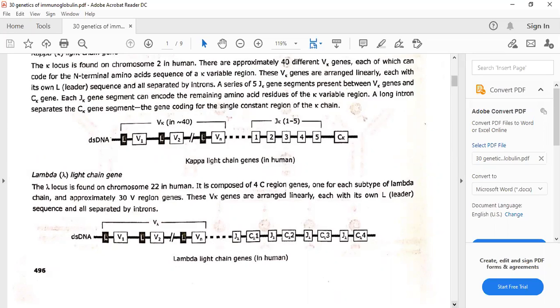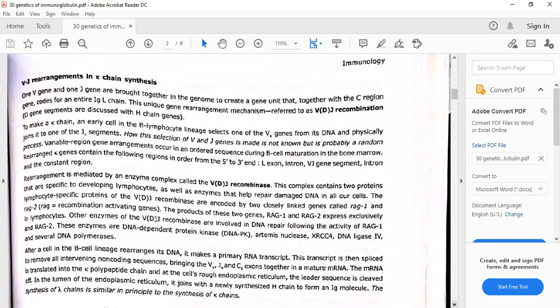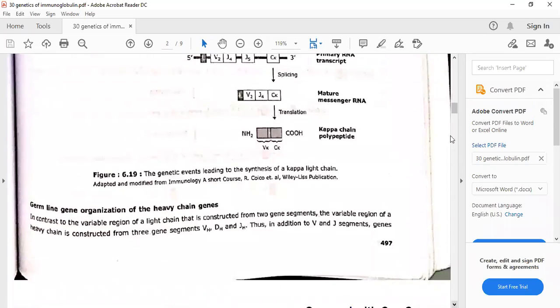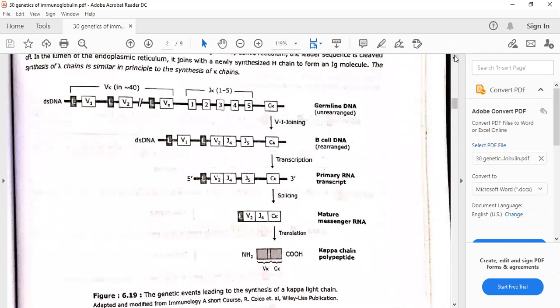Now this is the arrangement of how the genetic organization of an antibody will be arranged in the double stranded DNA. Suppose this is the light chain of the kappa, and there are V1, V2, V3, and suppose the V1 region is selected.